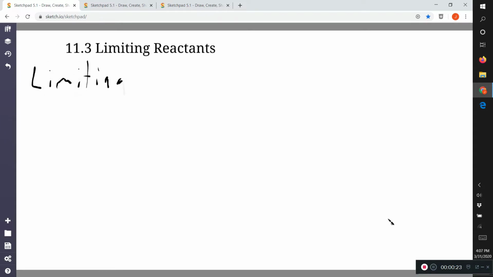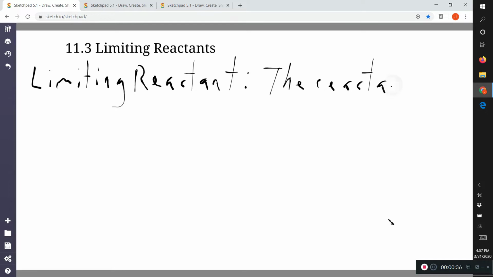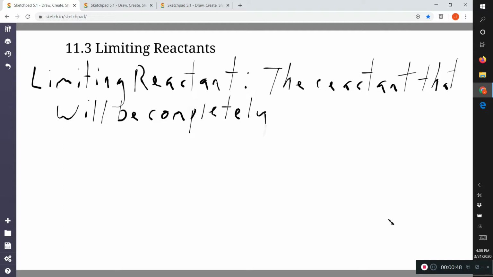A limiting reactant is the reactant that will be completely used up in a reaction.